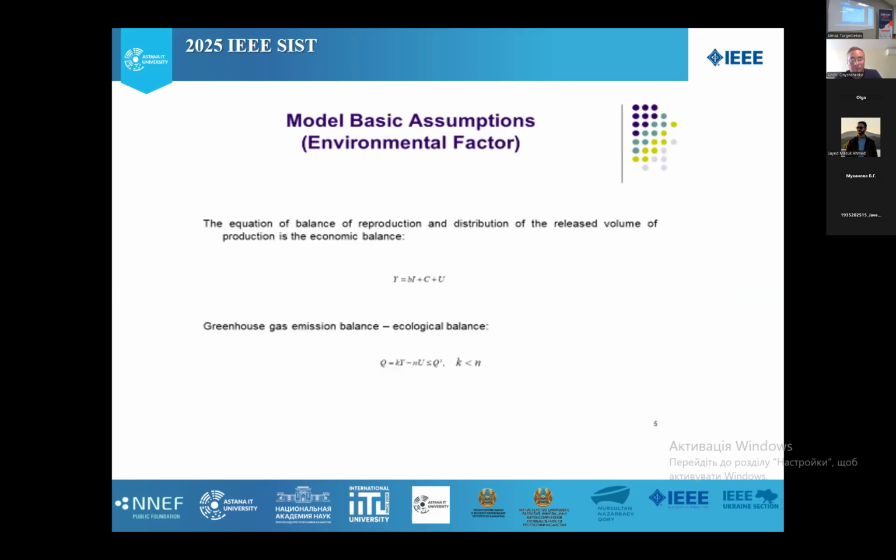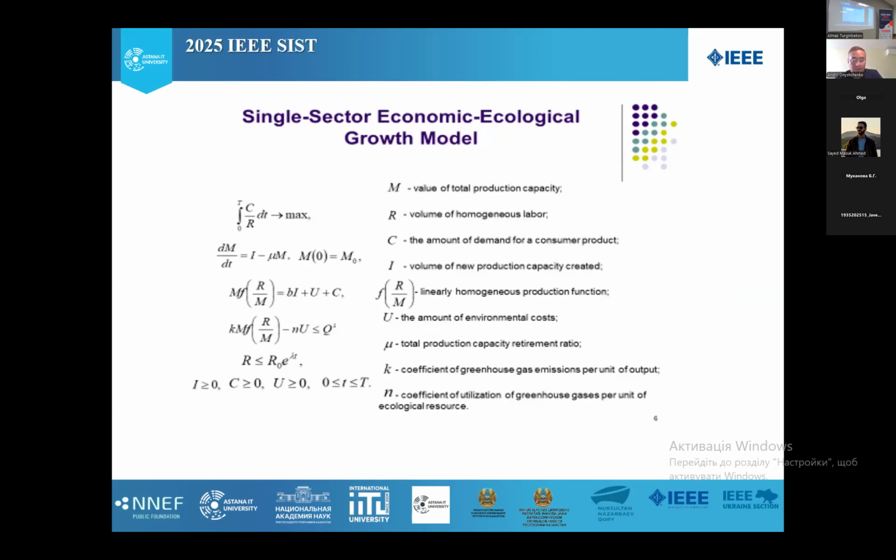The environmental or ecological limit on greenhouse gas emissions is introduced as the difference of two components: the volume of emissions, which is considered proportional to the volume of the released product with a coefficient, and the volume of destroyed emissions, proportional to the value of environmental costs with a coefficient. We will reduce the proposed model to the corresponding model in relative indicators.